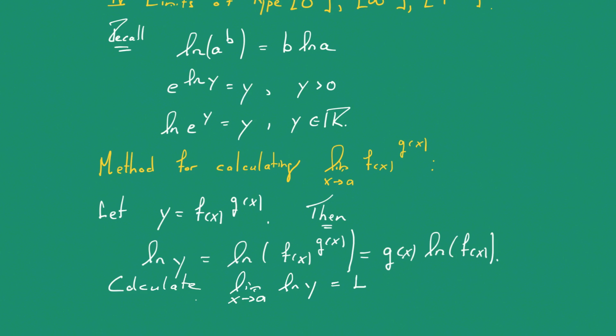So suppose that we calculate this limit and we obtain a value of L. So usually this is going to be a limit of type 0 times infinity, though not always. Usually type 0 times infinity, and we already learned, in fact in the last video, how to evaluate limits of type 0 times infinity by rewriting such a limit and then applying L'Hopital's rule if necessary.